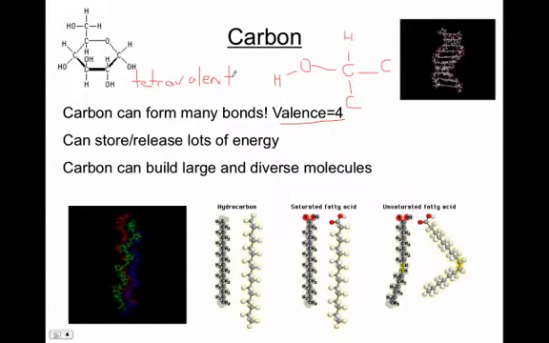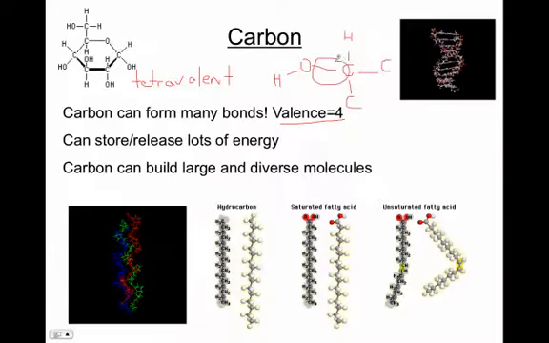Well, when molecules can form many bonds like this, we say that they have the ability to store and release lots of energy. In a general sense, when atoms bond together, like when we see a bond here between the carbon and the oxygen or between a carbon and a hydrogen, those bonds represent stored potential energy.